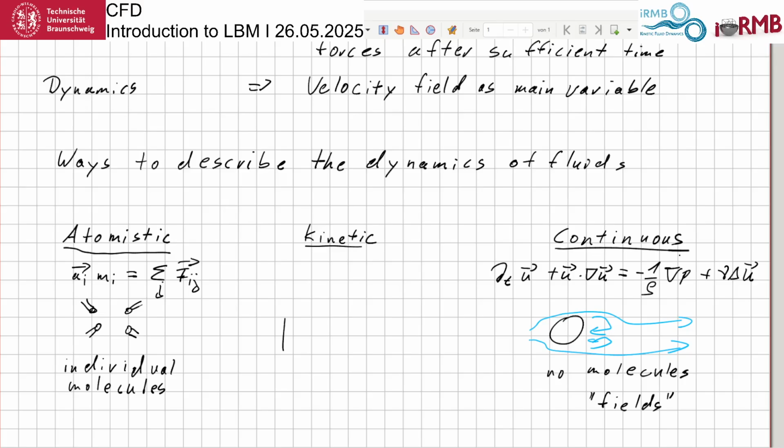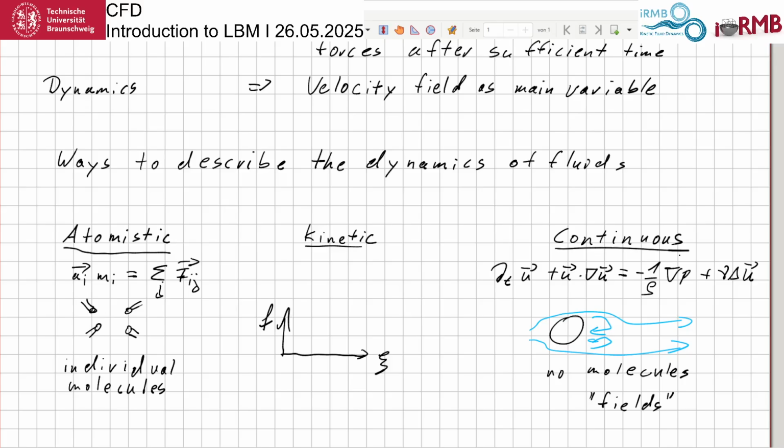So what happens in this kinetic worldview? What you have is a distribution function. We'll come to what that means in a few more minutes. This is a probability of finding particles.